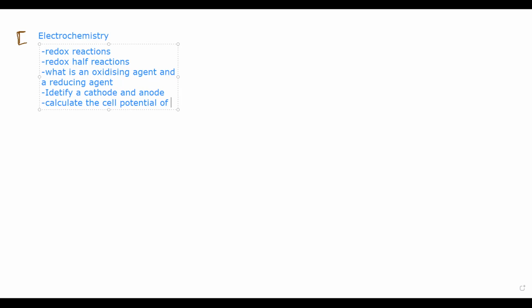From this, you're gonna need to be able to identify a cathode and anode, and you're gonna need to be able to calculate the cell potential of a galvanic cell.